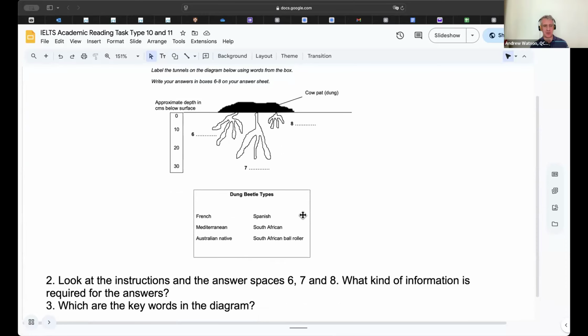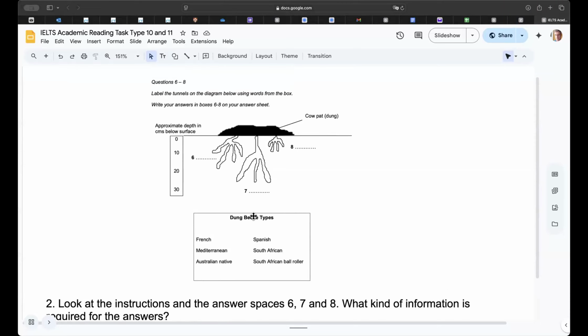So what do you think are the key words in the diagram? Beetle types. Yeah, that could be one, yes, but also the centimeters.